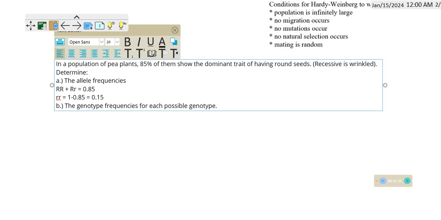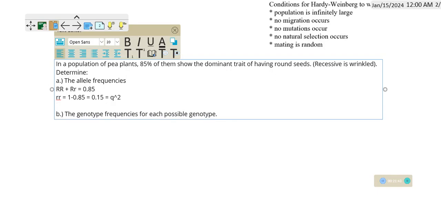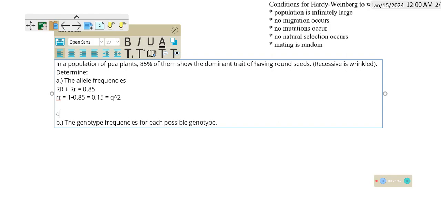Once I know little r, guess what I can do? I can say, well, little r, hey, that is q squared. And I can now take the square root of 0.15. I can figure out q.